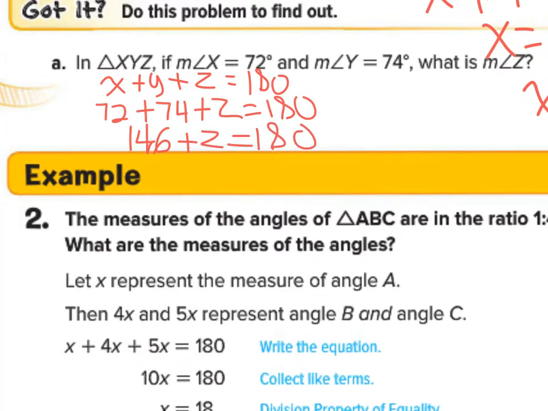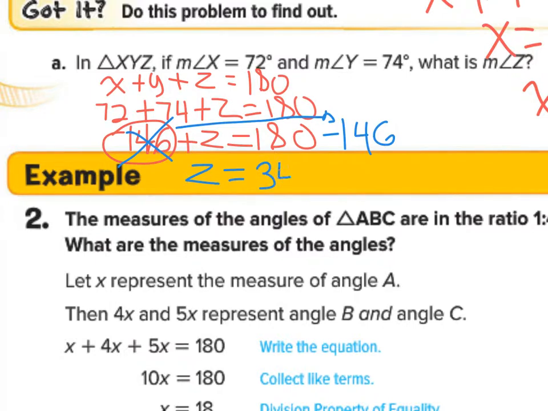Let's isolate the variable. So I'm going to bring this 146 over to the other side to subtract it. So it's gone from here. And now I just have z equals, I believe it's 34. Yeah, 34. There we go.